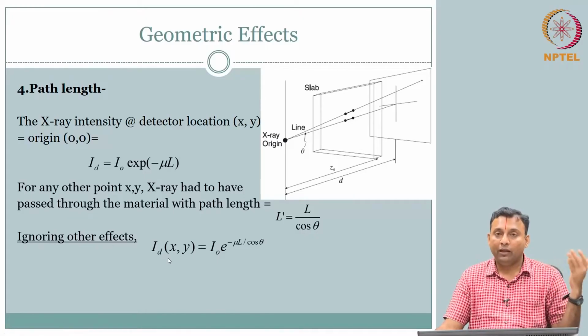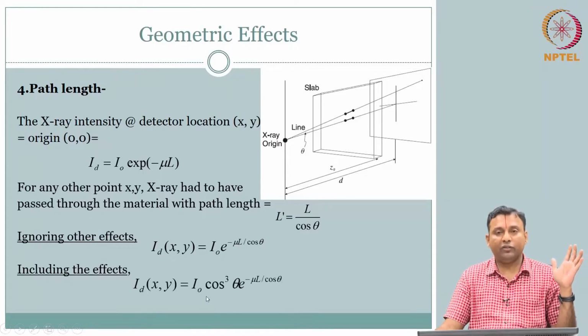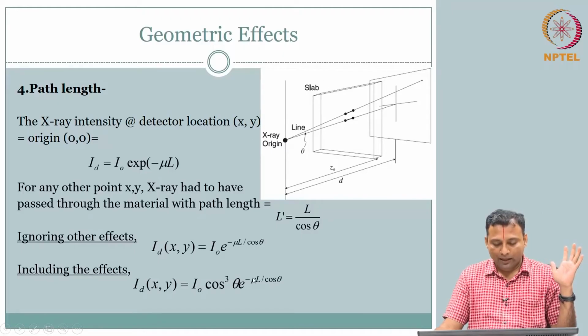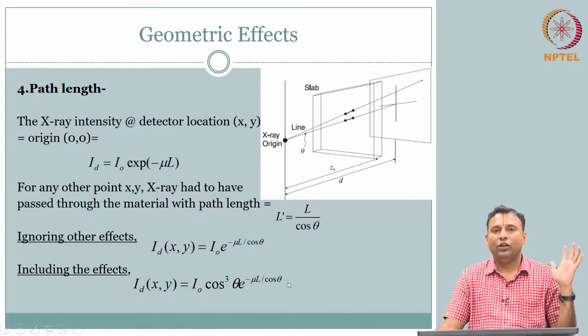It is going to be a multiplicative effect. The other effect was I naught cos cubed theta. So we have I_D equal to I naught cos cubed theta, which we had before, and now because you have a material, the material property and the path length in that material are incorporated as e to the minus mu L by cos theta.